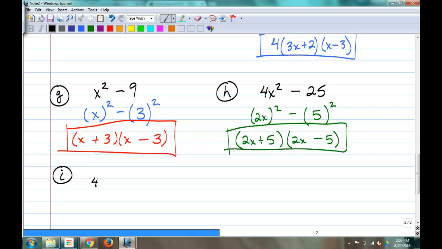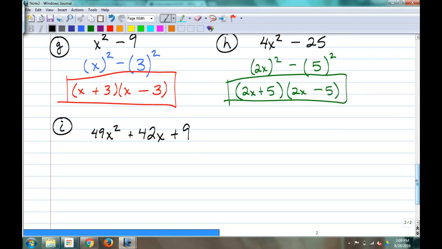Let's look at this one. 49x squared plus 42x plus 9. Is there a GCF?